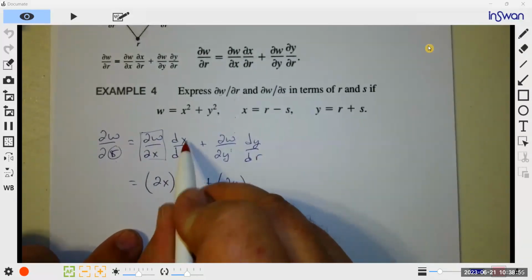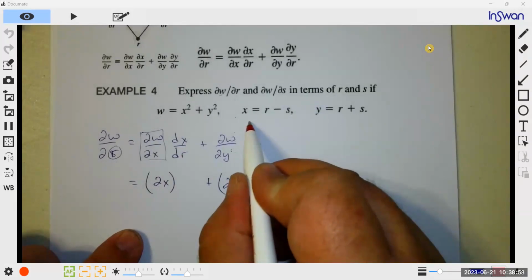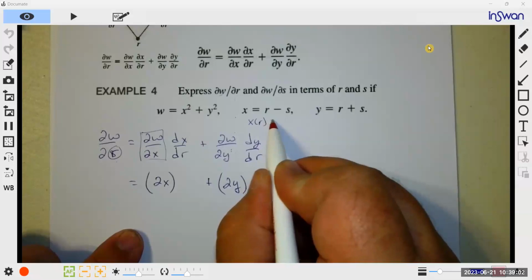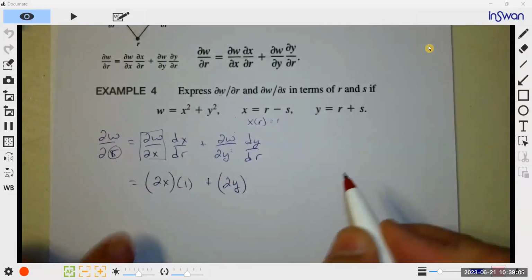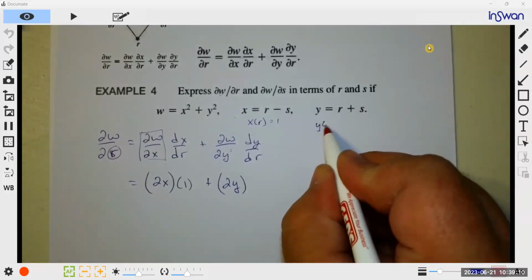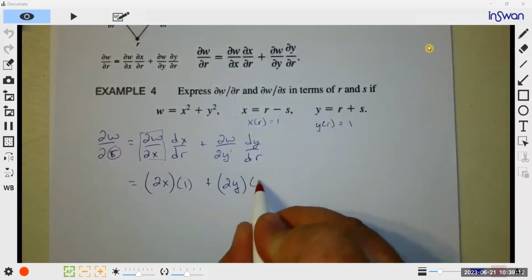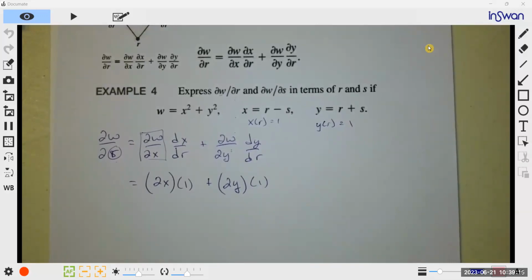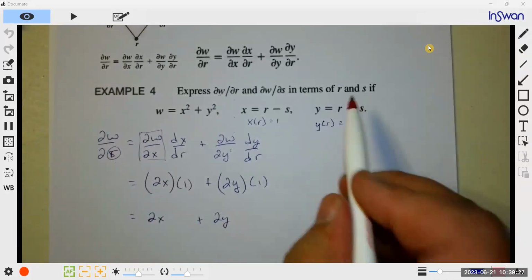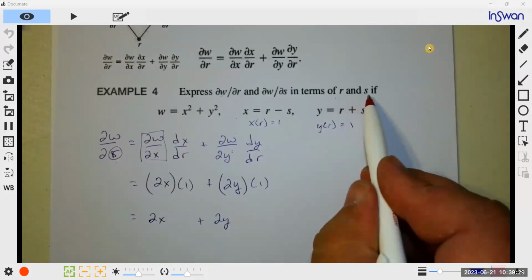Now the derivative of x with respect to r, since r is r, equals 1. And y with respect to r, it also equals 1. So what do we have here? We have 2x plus 2y. The instruction says in terms of R and S only.